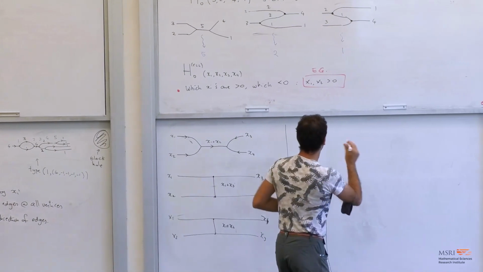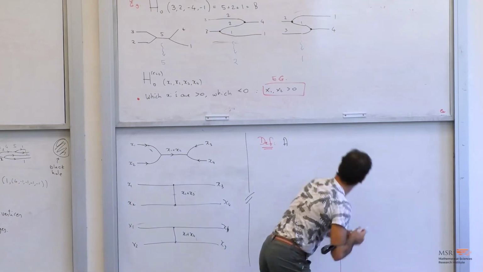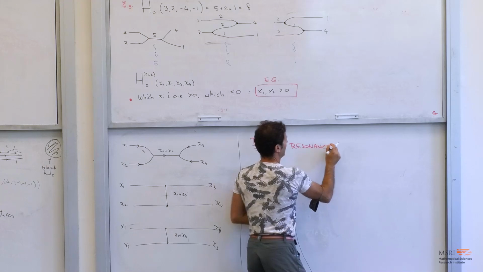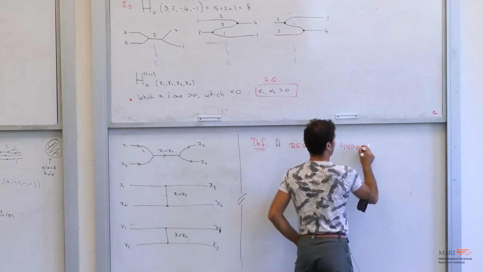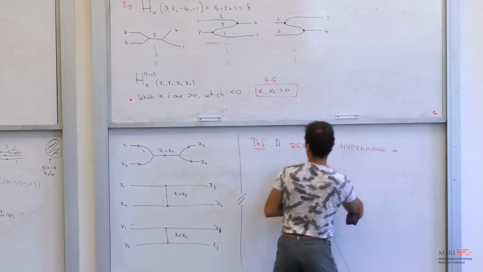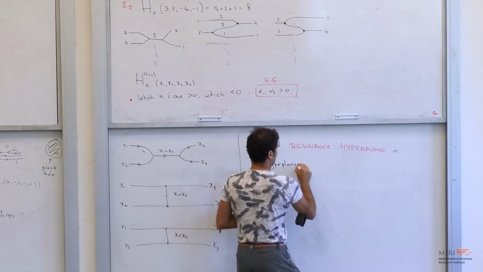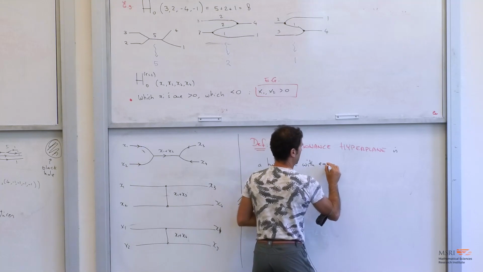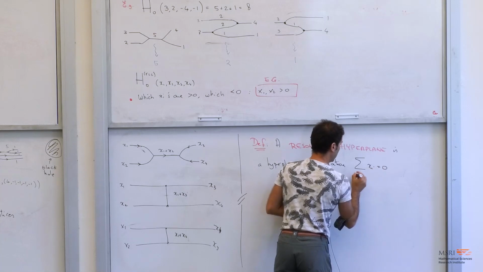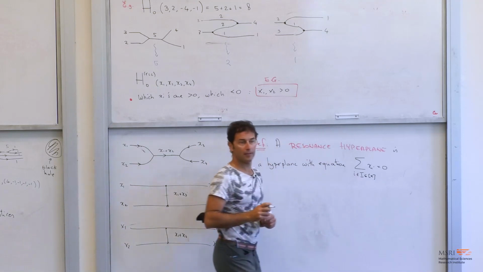A resonance hyperplane is a hyperplane with equation summation of the xi equals 0 for i in a subset of your index set.